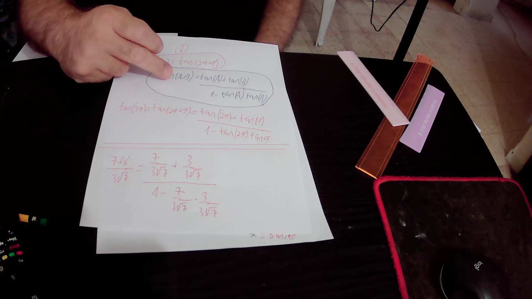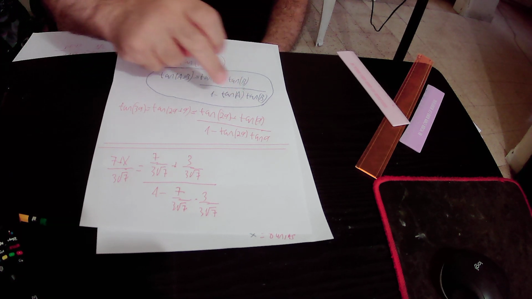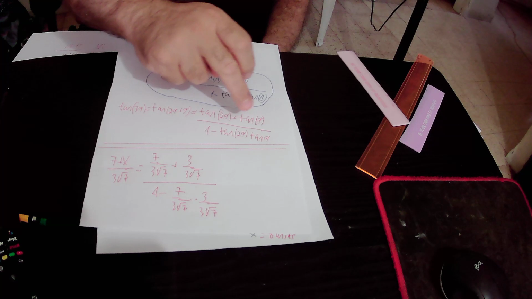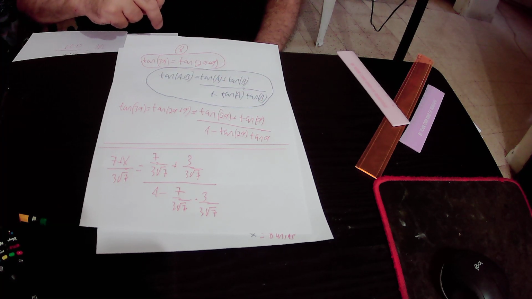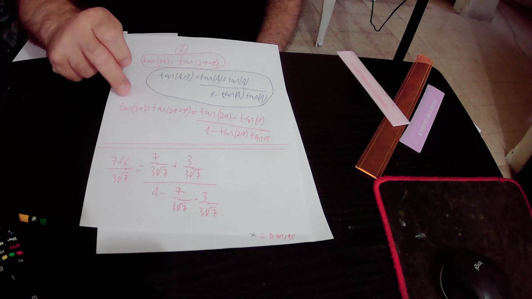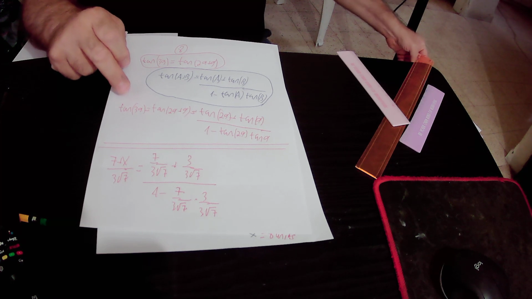According to it, tangent of 2 alpha plus alpha equals tangent 2 alpha plus tangent alpha over 1 minus tangent 2 alpha times tangent alpha. And we substituted the value of tangent 3 alpha by 7 plus x over 3 times root 7.